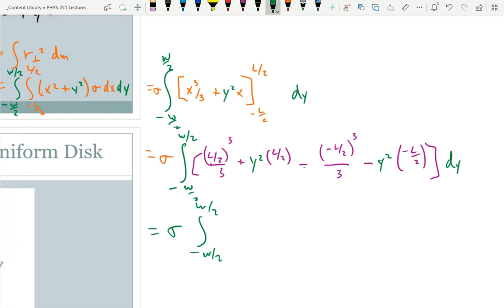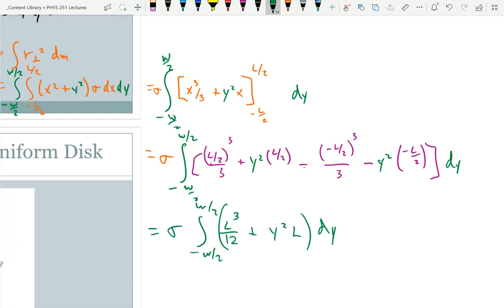I'm just going to put a 2 out front. L over 2 cubed is L cubed over 8. Multiply that by 2, L cubed over 4. 4 times 3 is 12. Wait, how did you get the 12 again?